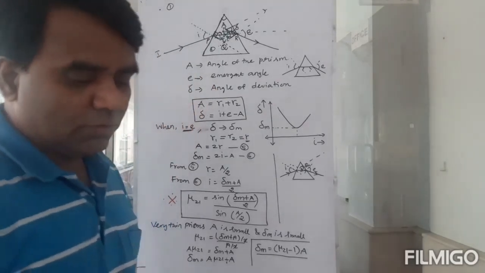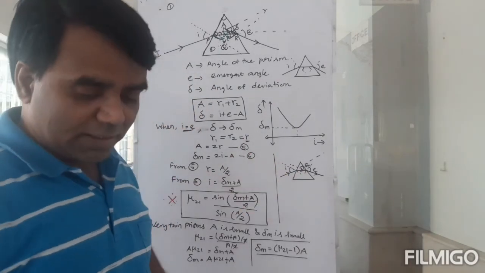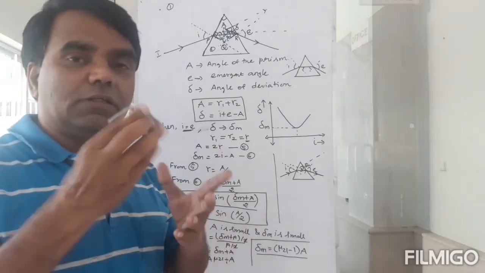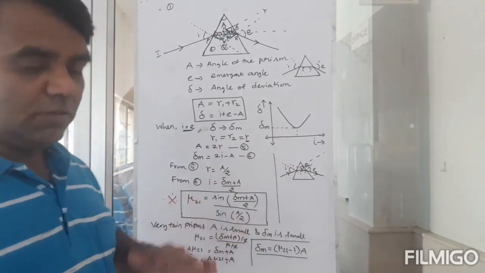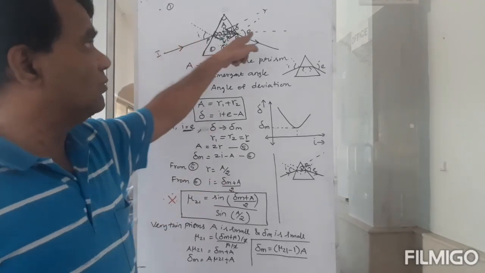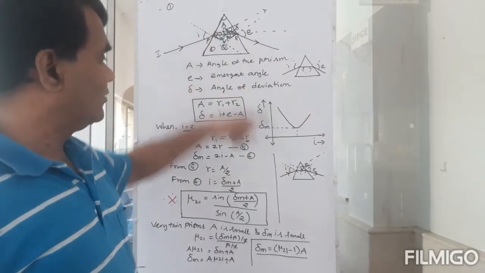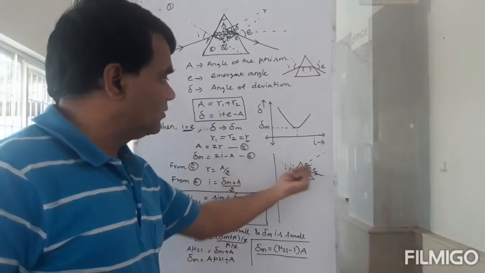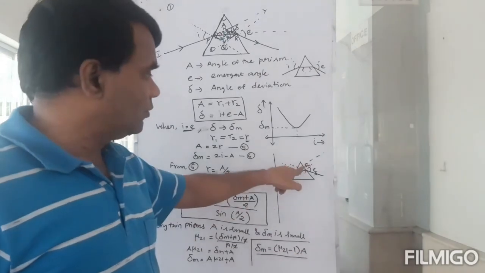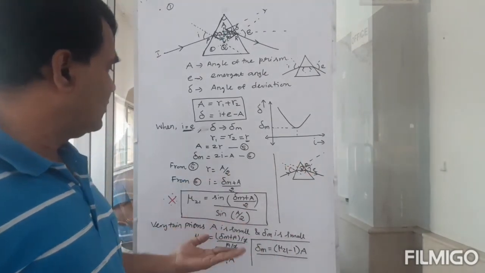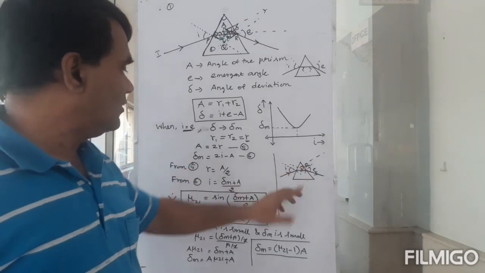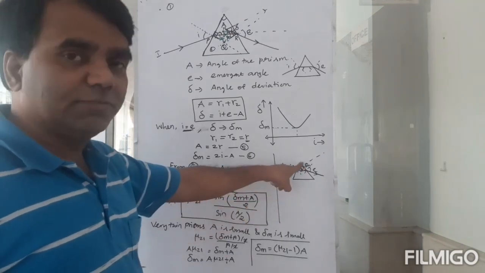So by doing an experiment like this, I can find the refractive index of this glass. All I need to do is find an angle I which is equal to E and just extend those lines and then find delta M. If you know delta M, I and E, then I know the angle of the prism anyway.